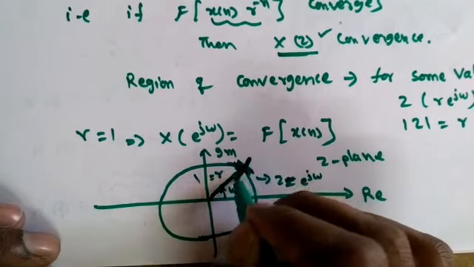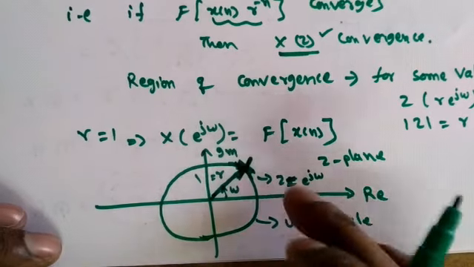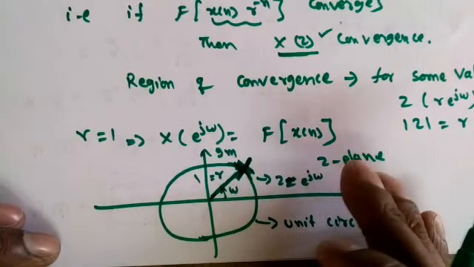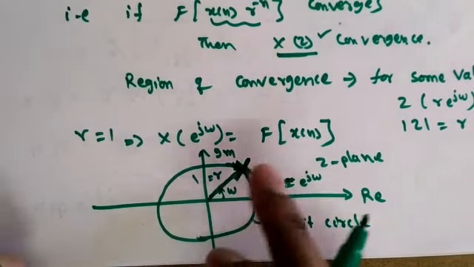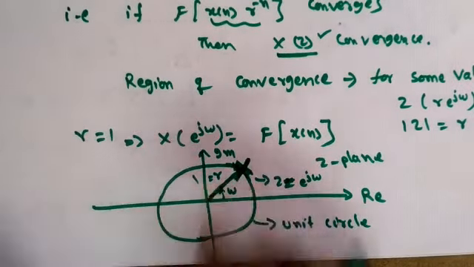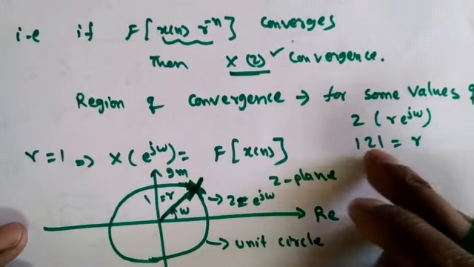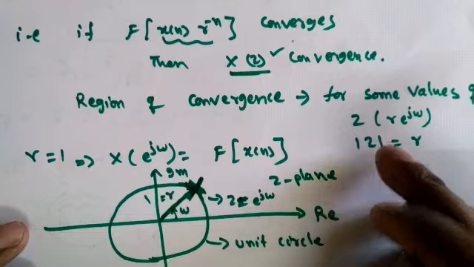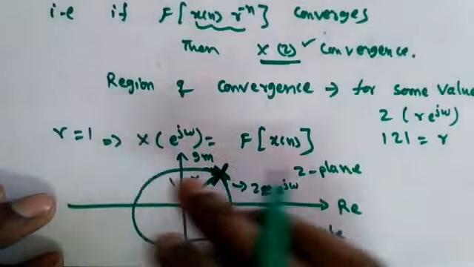So at this point, or any point on this unit circle, the Z transform will exist, or we can say the Fourier transform is nothing but the Z transform. That is the discrete time Fourier transform. So this is about the region of convergence. We need to find the values of r, or generally mod Z, where x of Z converges, right?